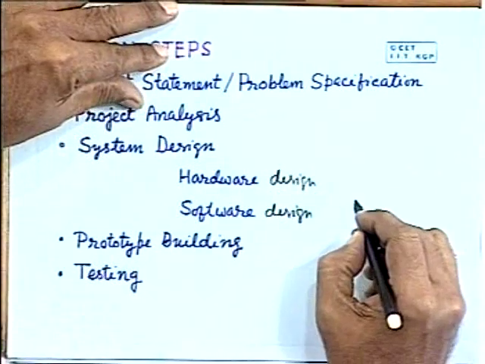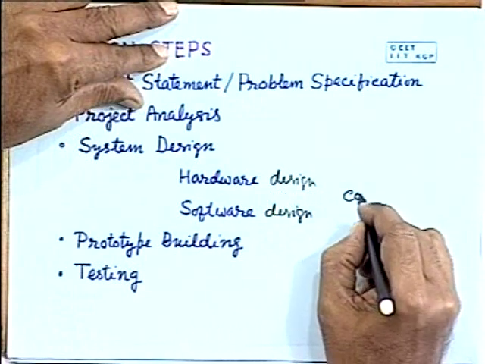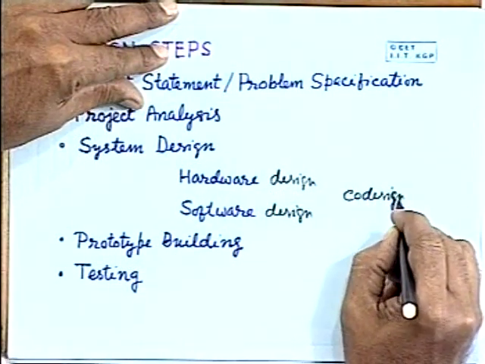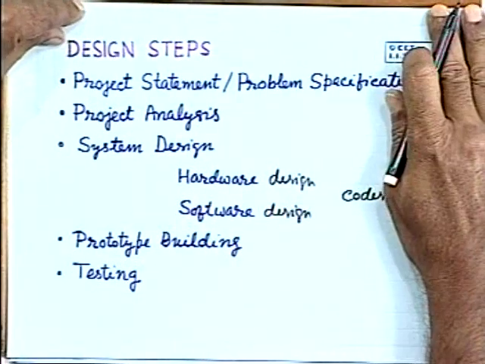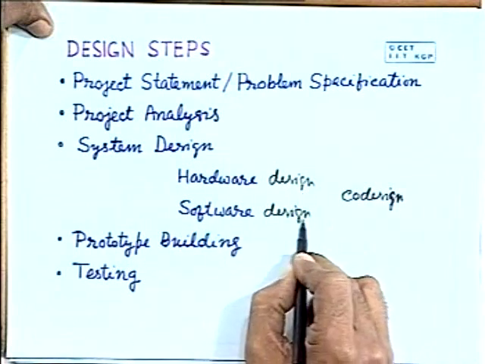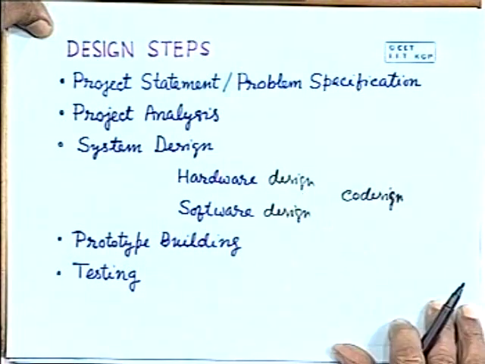You have to find out how much you will implement by hardware and how much by software, and that's why it is called hardware-software co-design. You have to arrive at some trade-off and find out which subsystems you will implement by hardware and which by software.